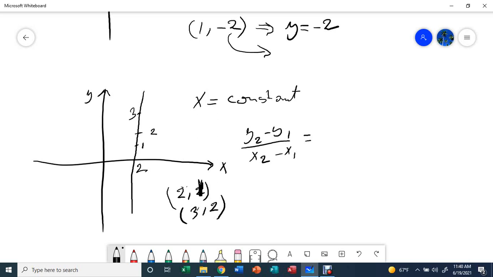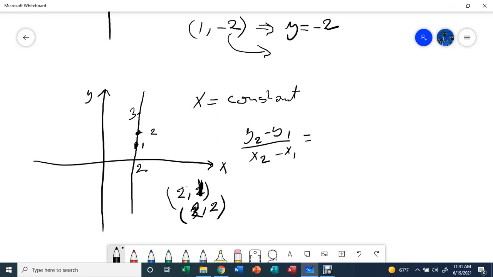So this point here is (2, 1), and this point is (2, 2).